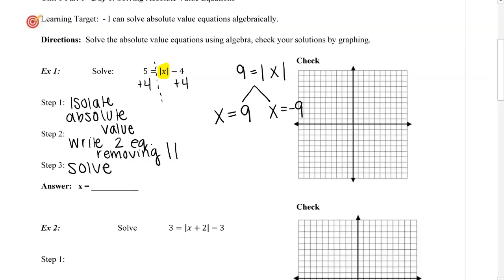If I were to have graphed the absolute value function, absolute value of x minus 4, my vertex would have been at 0, negative 4, and my slope would have been 1 to the right-hand side, and then negative 1, or up 1 and left 1, to the left-hand side.